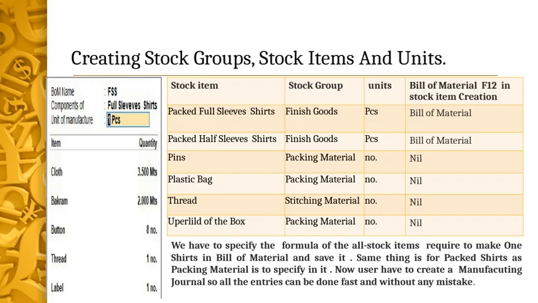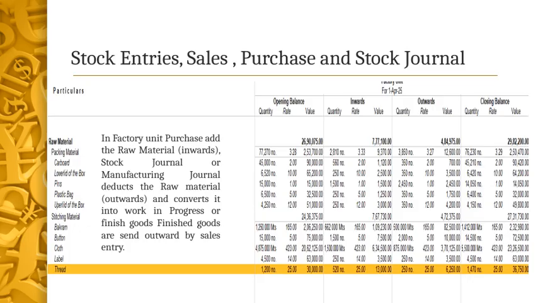Same thing for packed shirts, as packing material is to be specified in it. Now, the user has to create a manufacturing journal so all the entries can be done fast and without any mistake. Stock entries, sales, purchase and stock journal. In a factory unit, purchase adds the raw material inwards.